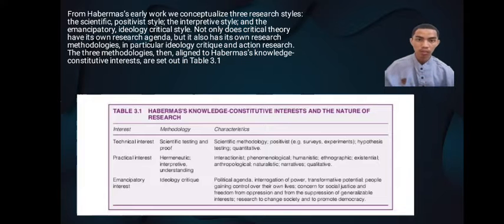From Habermas's early work, we come to three research styles: the scientific positivist style, the interpretive style, and the emancipatory ideology critical style.